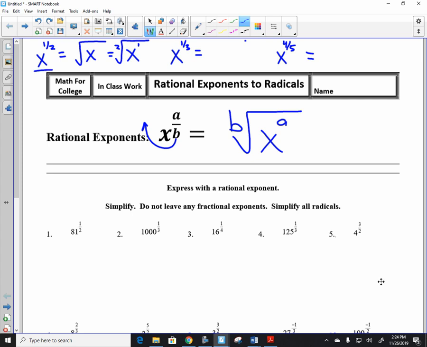X to the 1/2 is the same as the square root of x. X to the 1/3 is the same as the cubed root of x. X to the 4/5, that's the 5th root of x to the 4th.